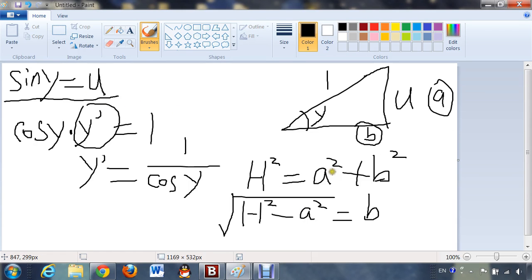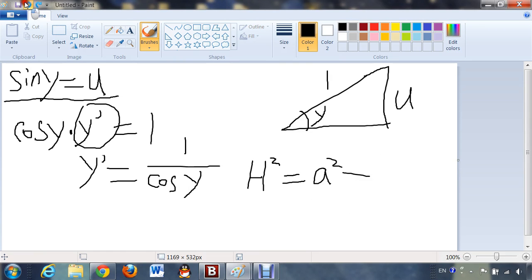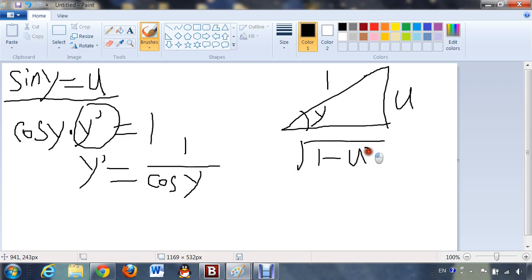Remember, a squared is just u squared, and h squared is just 1, so 1 minus u squared. So after using the Pythagorean theorem, we find that the length of this adjacent side is the square root of 1 minus u squared.